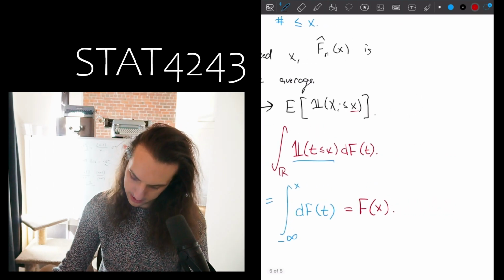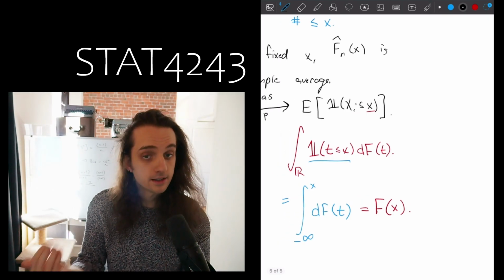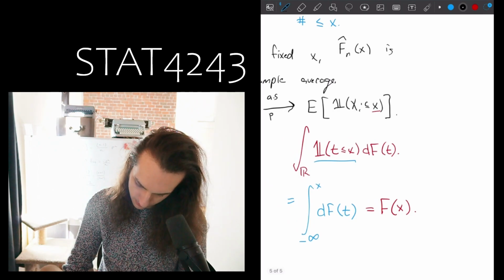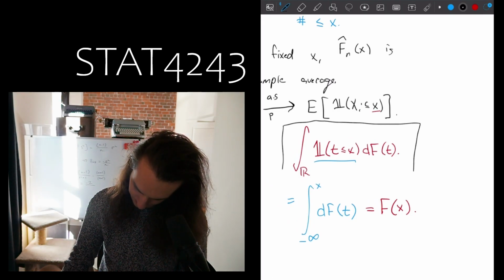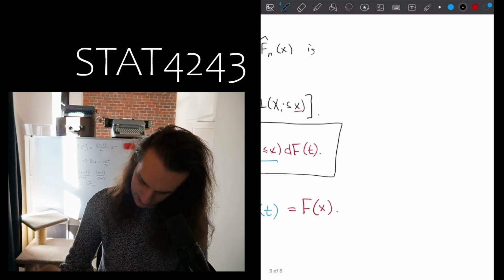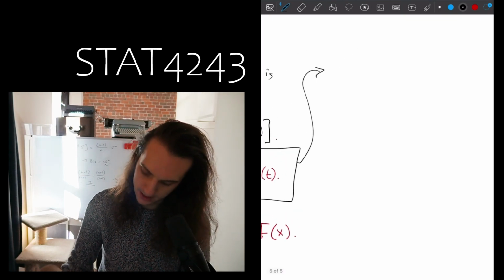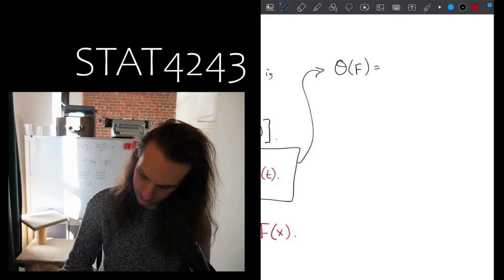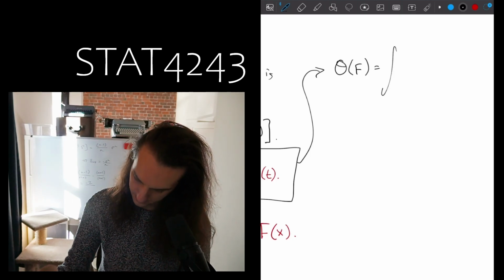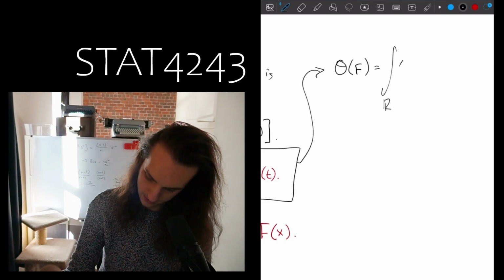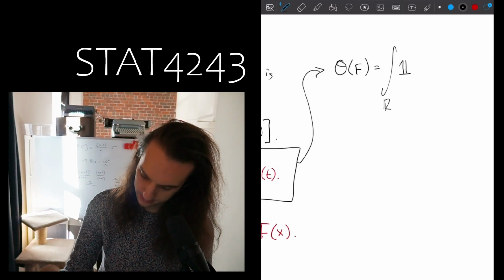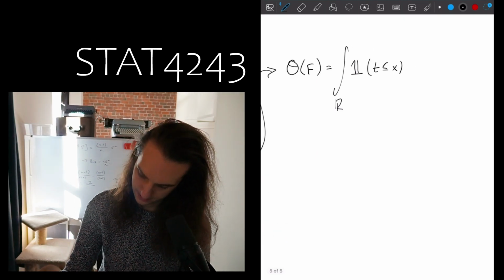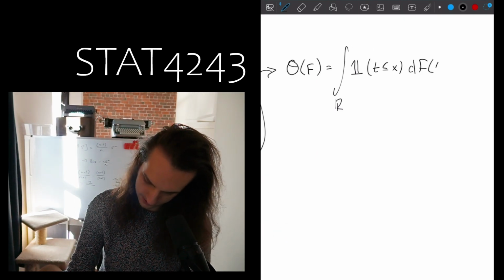Now, the thing that I'll point out here is that we could have gotten to the empirical CDF through this defining relationship. Because if we look at what this is right here, we take theta of F to be equal to the integral over the real numbers of this indicator that t is less than or equal to x, dF of t.